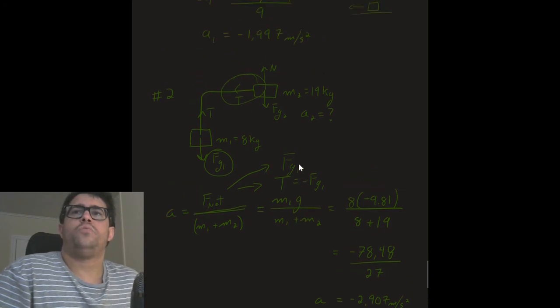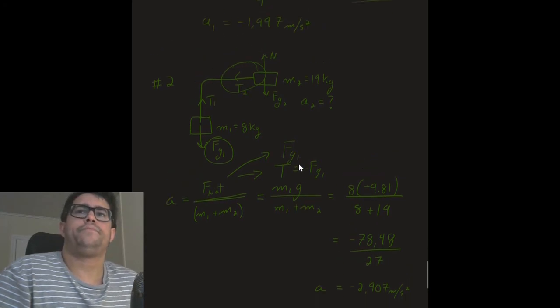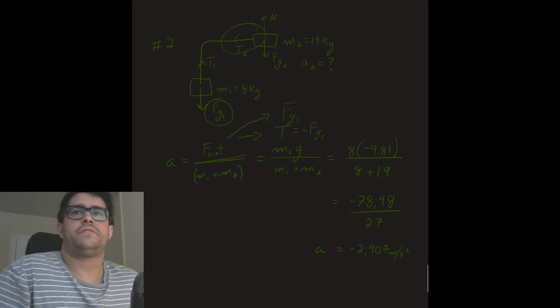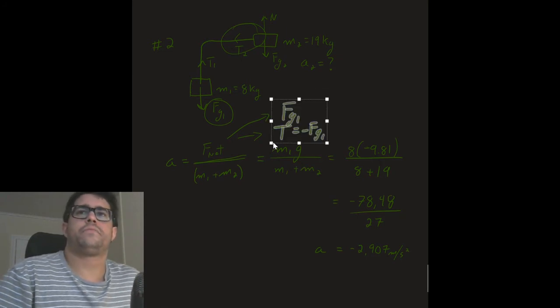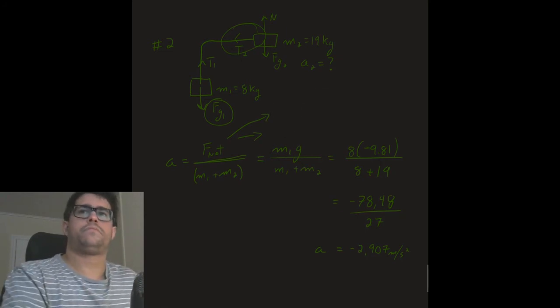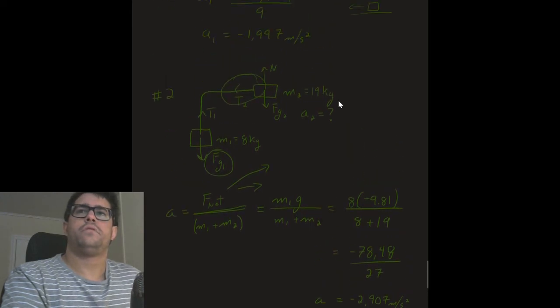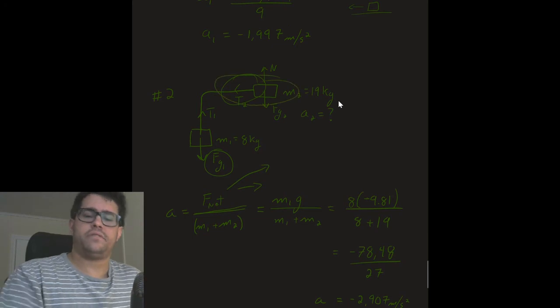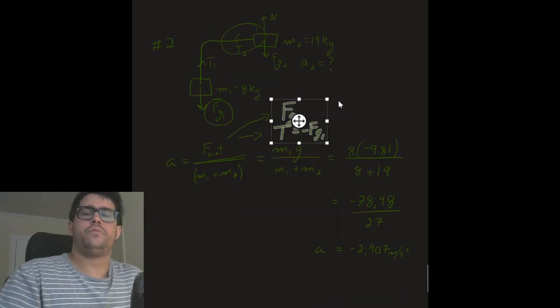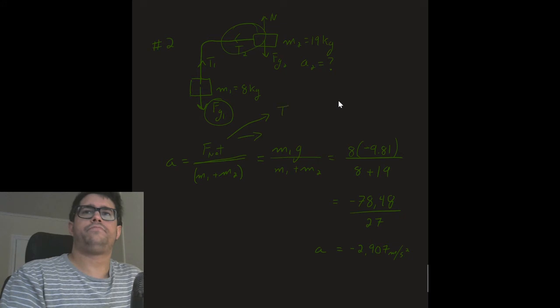If we talk about T1 and T2, it's a little simpler. Because in this case, F net on the second mass, on the x-axis, will be equal to T2.